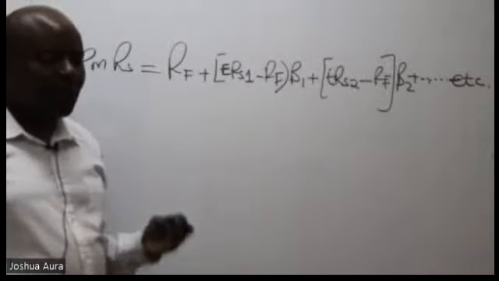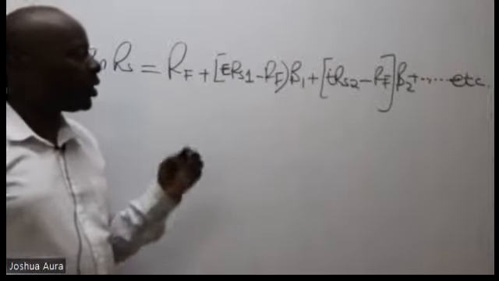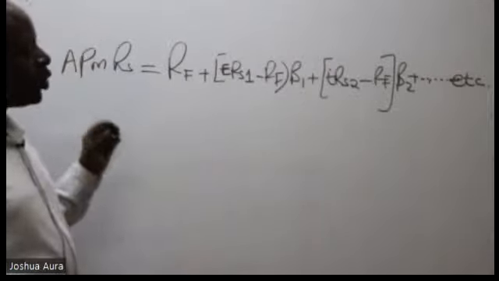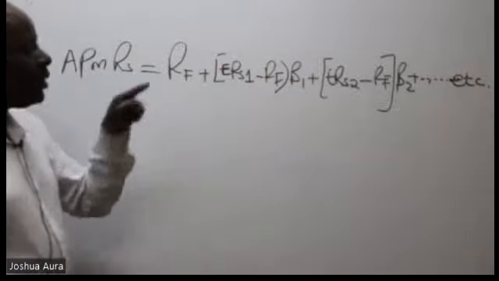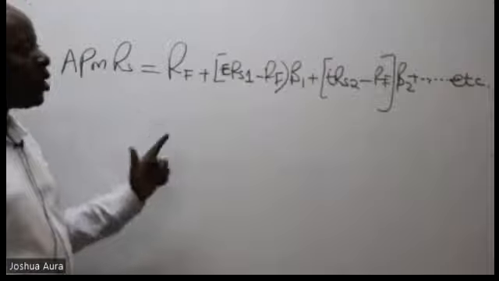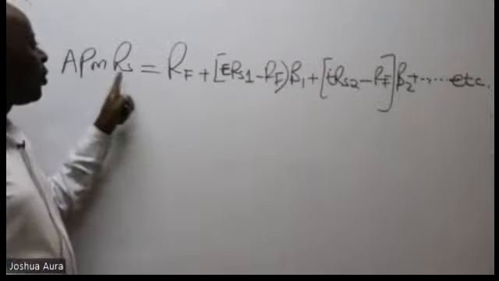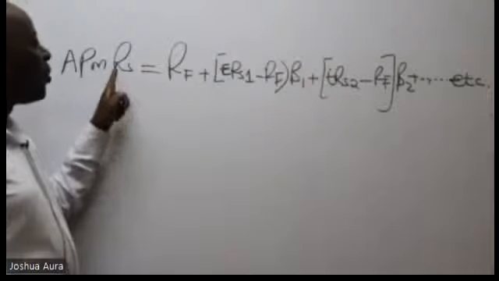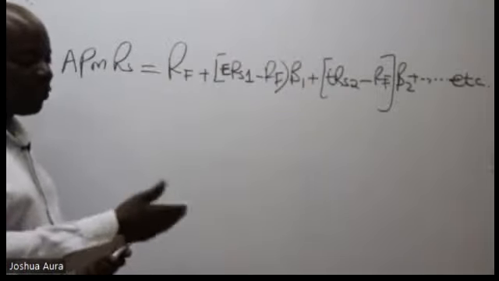The most important thing to appreciate is that if it's APM, the arbitrage pricing model, it's a multi-factor model. We assume that this particular security's return or price is a function of many factors.